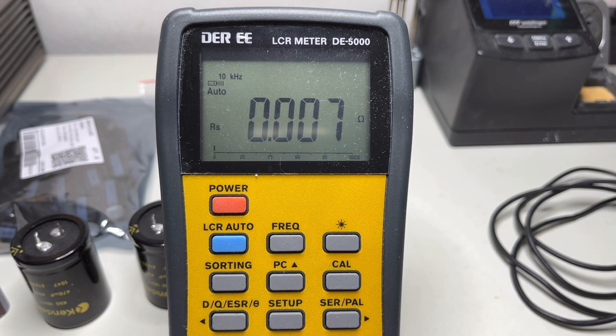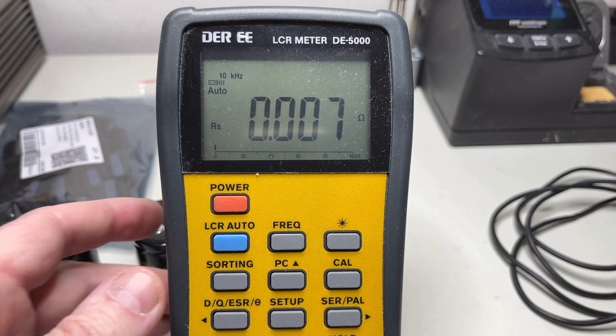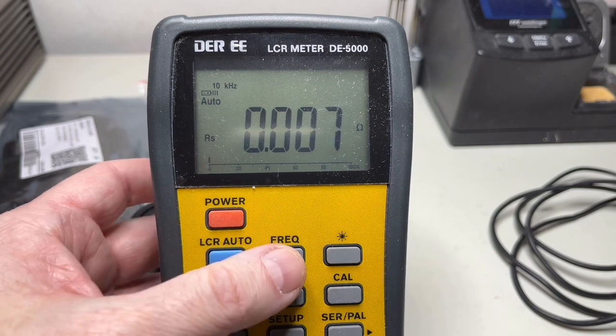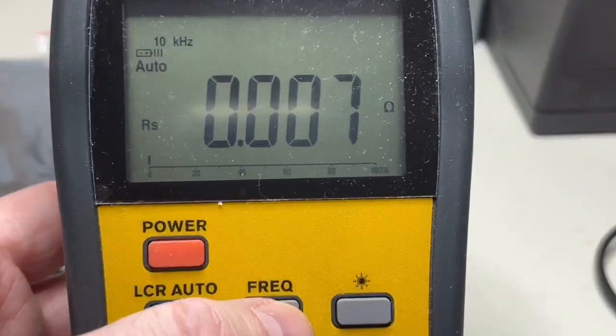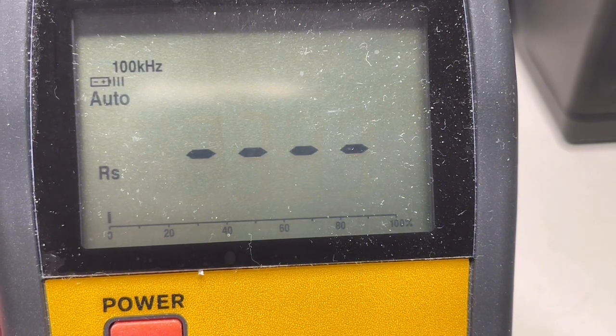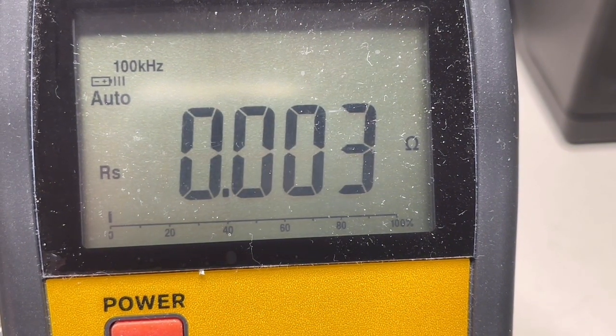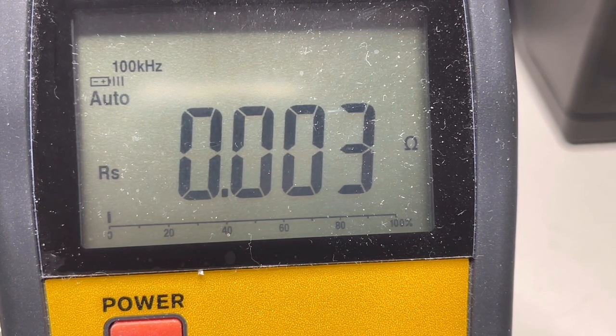Yeah, okay, something 7 milliohms. And if I up the frequency to 100 kilohertz, now we have 3. What was the frequency? 10 kilohertz. Anyway, you see how low the ESR is.